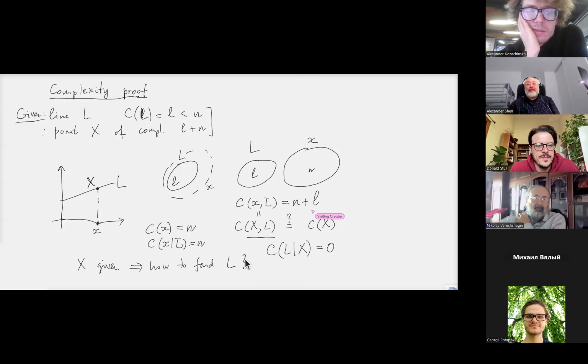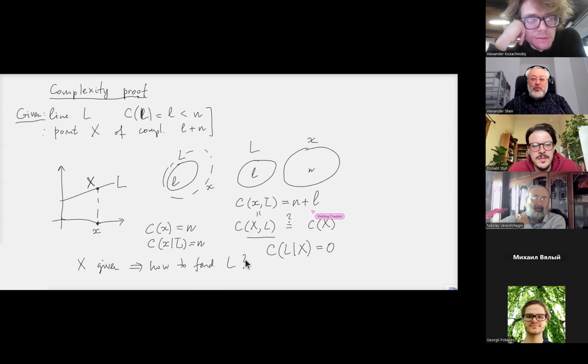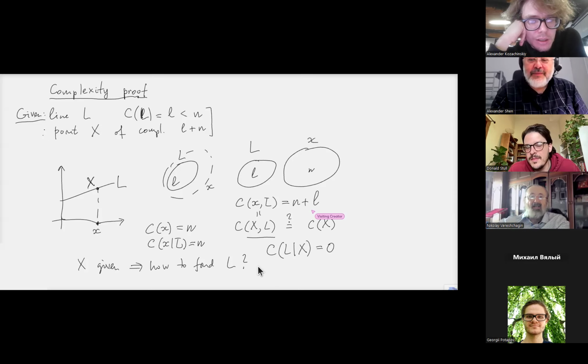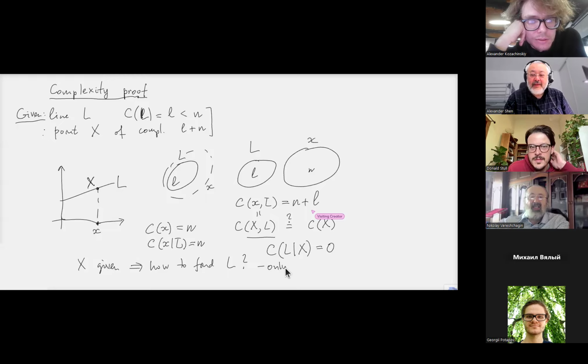So we know, of course, that L should go through x. But we know that there are many lines that go through x. What should we do? Sasha, capital X is the point on the plane, and the line goes through this point.